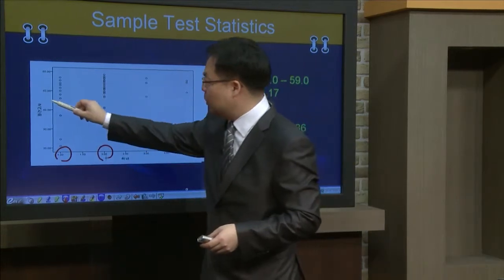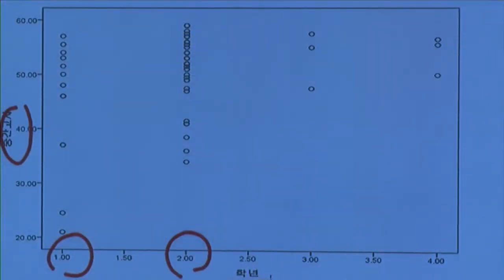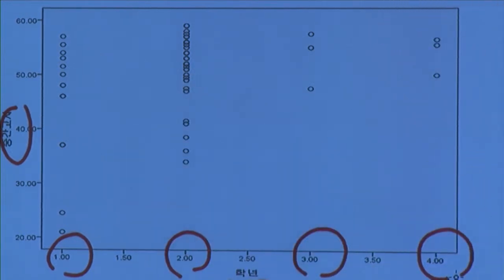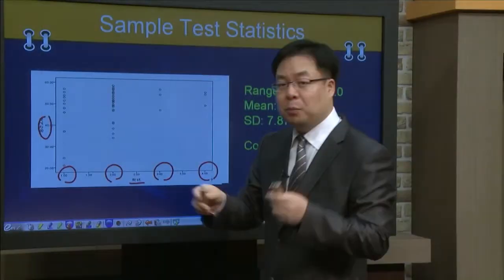This is the midterm score, and this is the level, and junior and senior. So we have more sophomore students here, and 3 seniors and some other freshmen. And these small circles show each person.